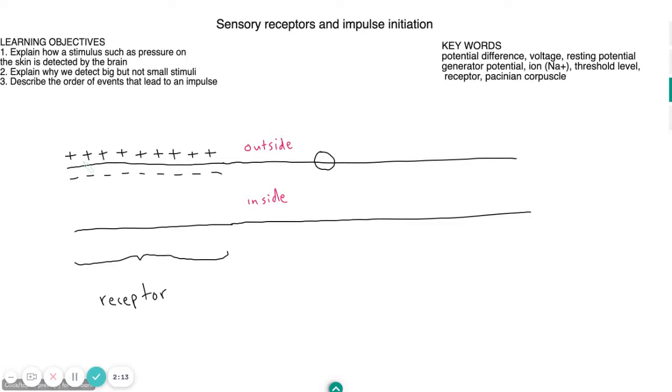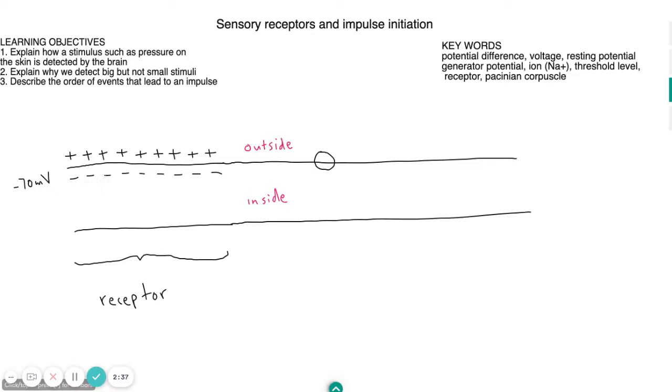If you remember from physics GCSE, potential difference is basically voltage. There is a difference in charge between the outside and the inside, and that potential difference is making the inside relative to the outside about minus 70 millivolts.